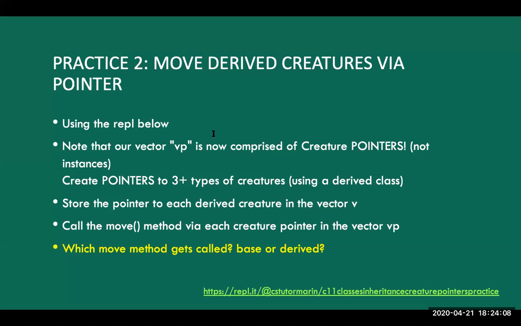Now you can, like I said, have those things assigned to individual variables, like an orc pointer would be OPTR, and then you could pass that into the push back, or you could declare it right in line with the push back. You could create your orc right in the parentheses for the push back if you want to.